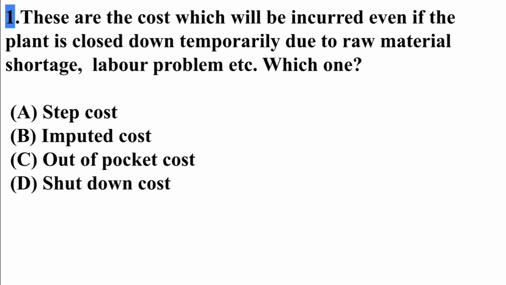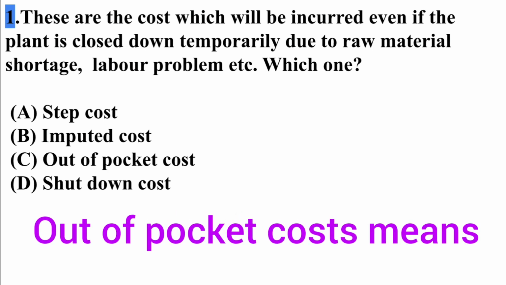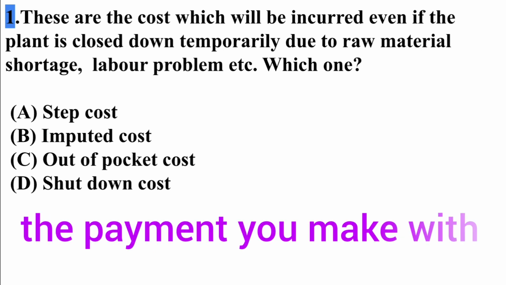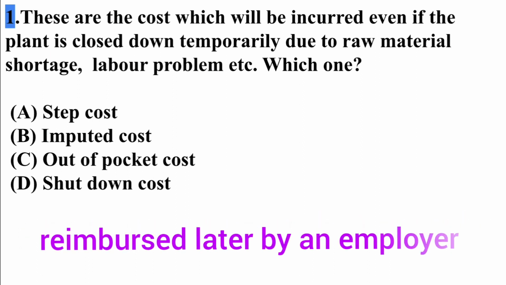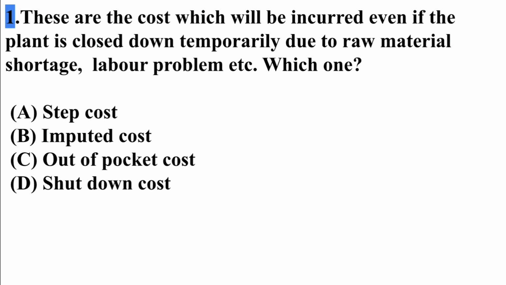And option C is out-of-pocket cost. Out-of-pocket cost is most often used to describe an employee's work-related expenses that the company later reimburses. Which means that at the present moment you should make the payment with your own money, and that will be reimbursed later by your employer.